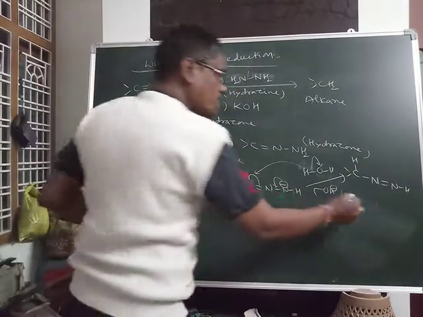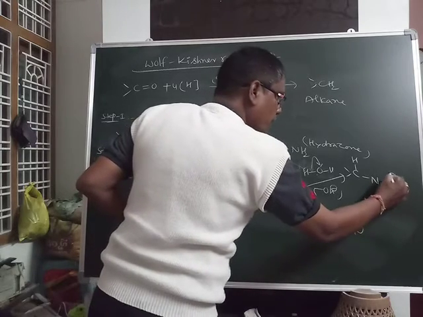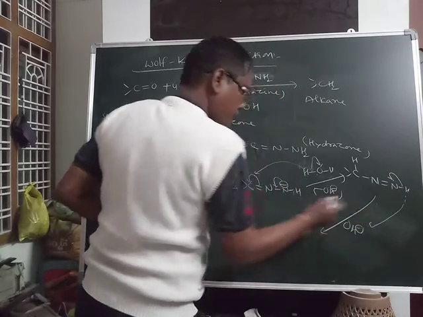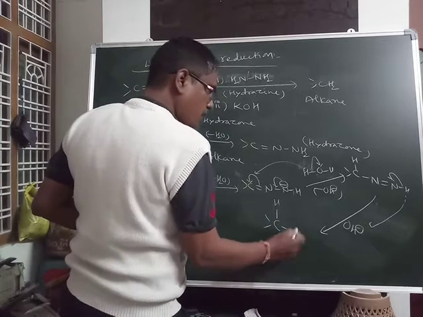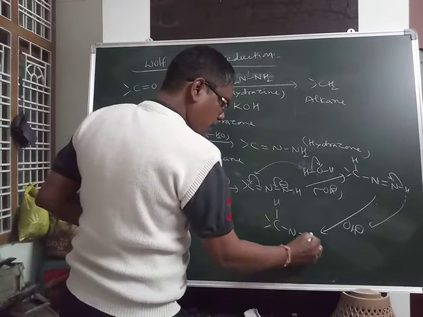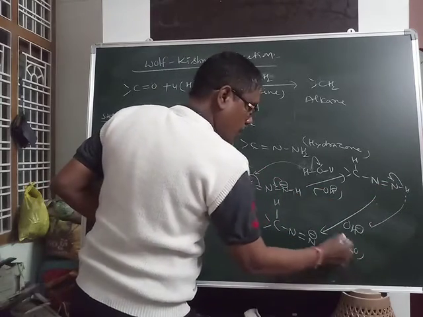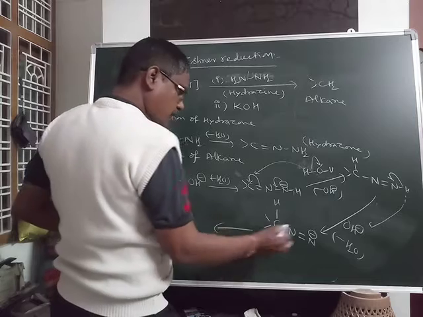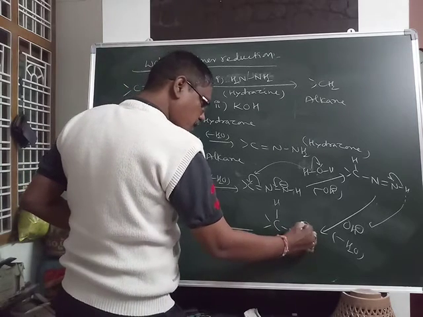Now the next OH minus will take this one. At that stage H is already present, here a single bond, double bond N, here minus. Here H plus and OH minus are eliminated as water. Next, in the presence of water, this bond shifts to this side.